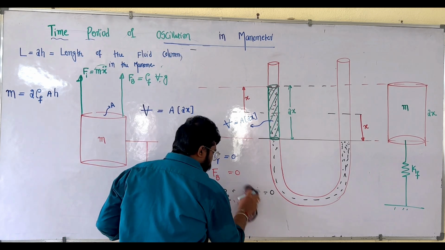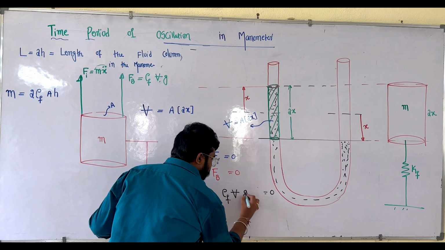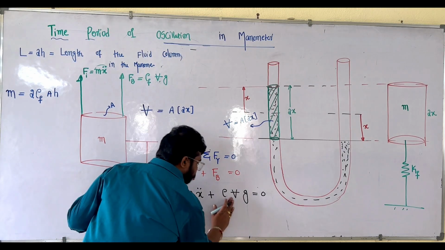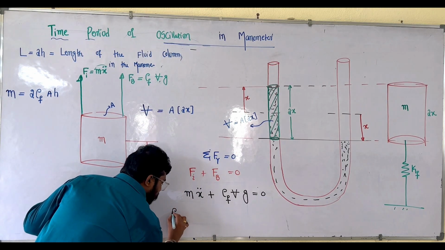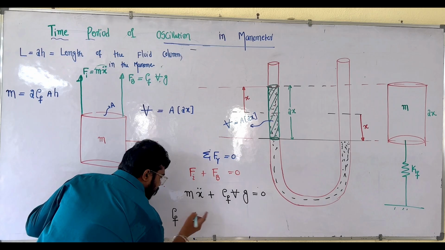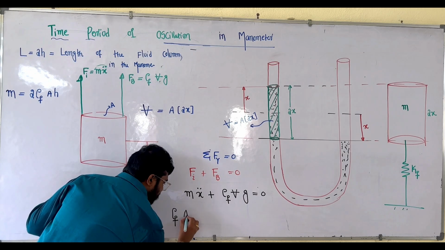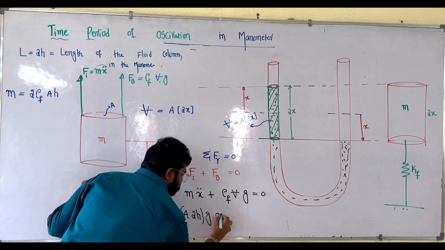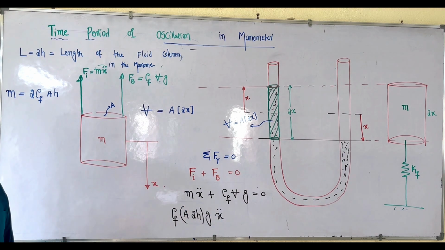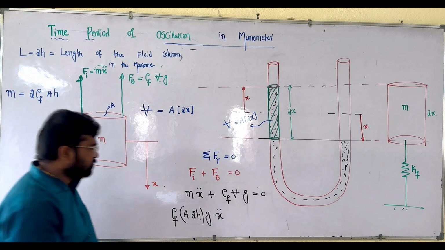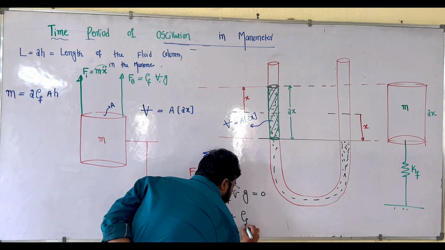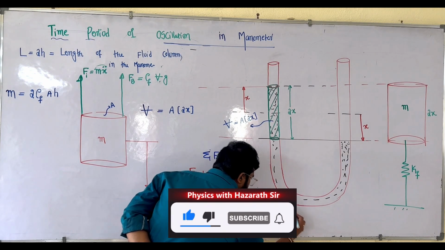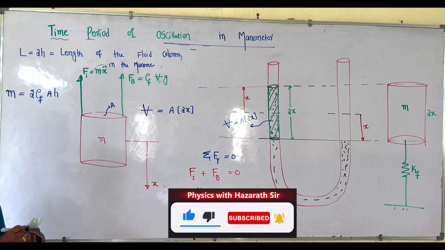Mass can be replaced with density of the fluid into volume. What is the volume? A into 2h. So density of the fluid into A into 2h into x double dot, plus density of the fluid into A into 2x into G equal to 0.